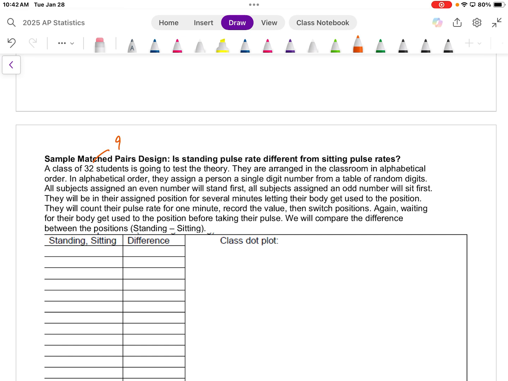Anything less than 30, sometimes the data, because there's not as much there, has a tendency not to be normal. When displayed, it may look skewed. And so we've got to be very careful.